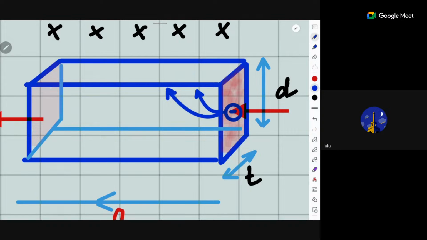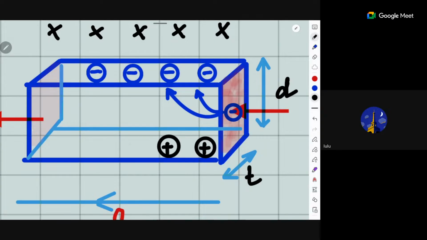Did you notice? The drift is now reversed. So this face becomes negative, and as a result, the other face has a positive charge induced on it. You got my point? Is this clear to everyone?